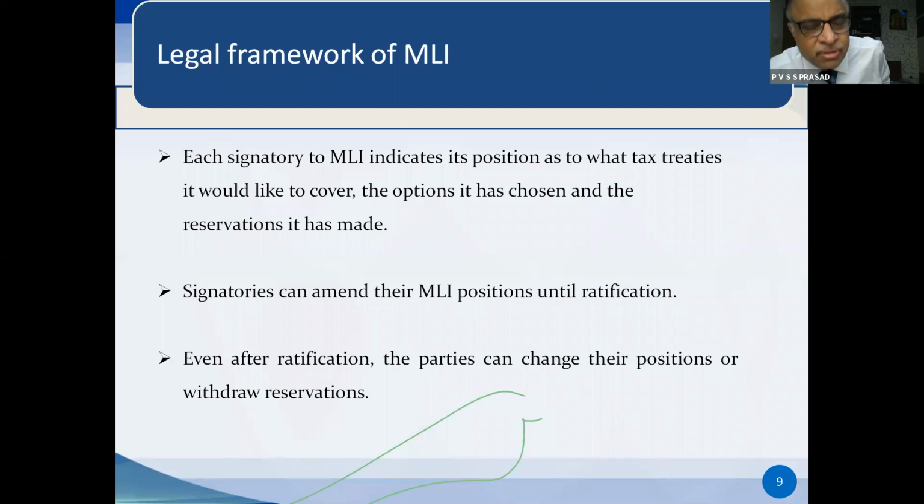So when we have notified 93 tax treaties, Mauritius is one country who has not notified the India-Mauritius tax treaty as a CTA. Then what happens? The India-Mauritius tax treaty would not undergo any change on account of the MLI. Unless the treaty partner also comes forward and signs the MLI, and both treaty partners make the same options, only then would a particular article in the tax treaty get modified.